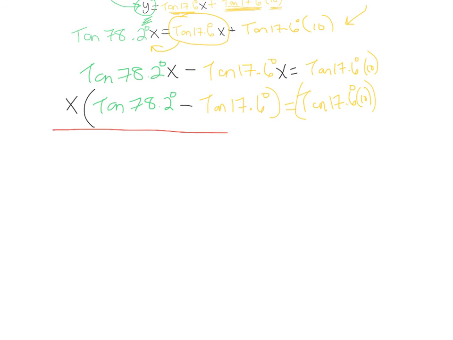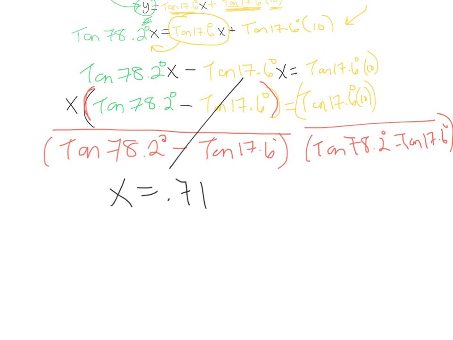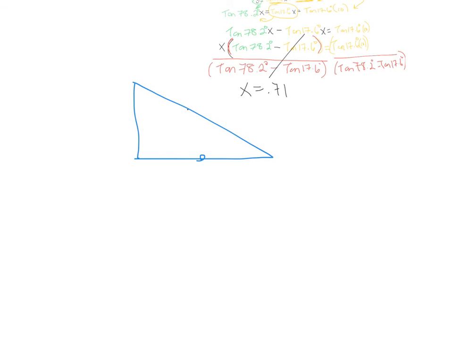And then we're going to just divide both sides by this expression, the tangent of 78.2 degrees minus the tangent of 17.6 degrees. We do that on both sides. And then when we do that, this cancels, so we get x is equal to 0.71.